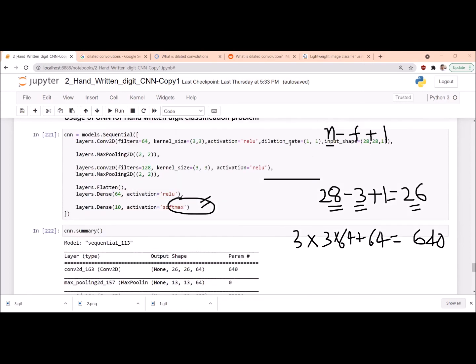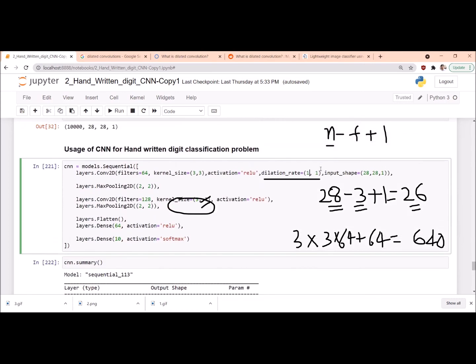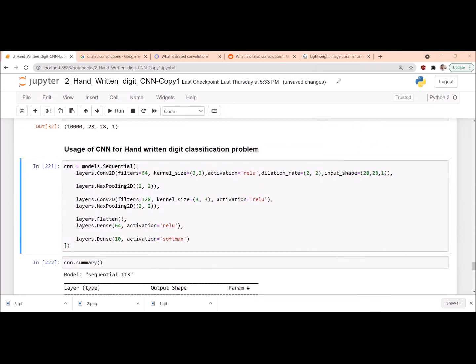Now we are applying the dilation rate 2. Let's see what happened. When we are considering the dilation rate 2, it behaves like a 5 by 5 kernel. We are including the 3 by 3 kernel only, but it behaves like a 5 by 5 kernel.